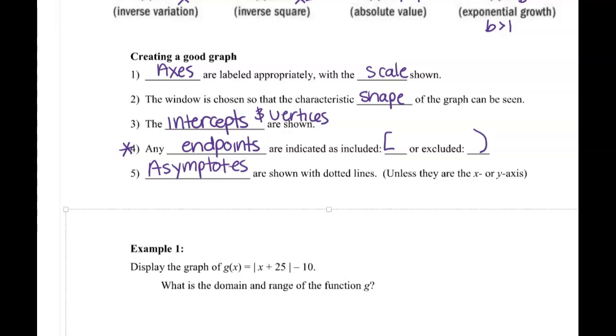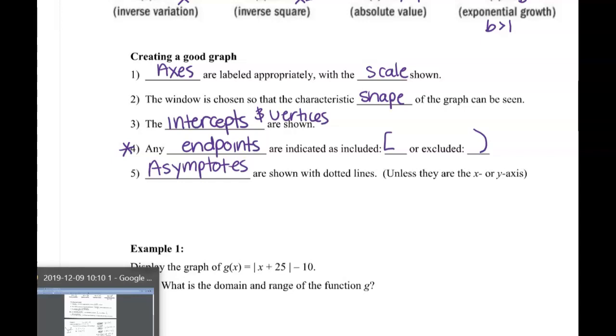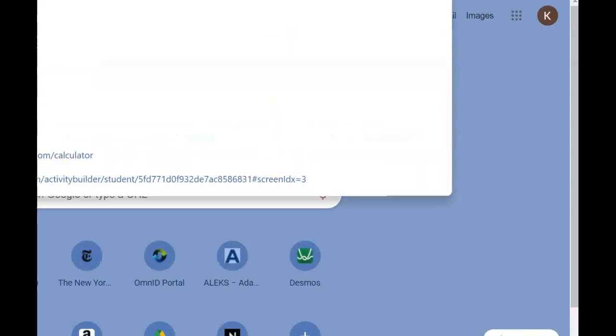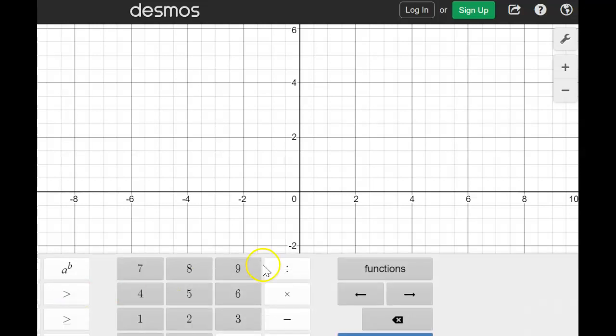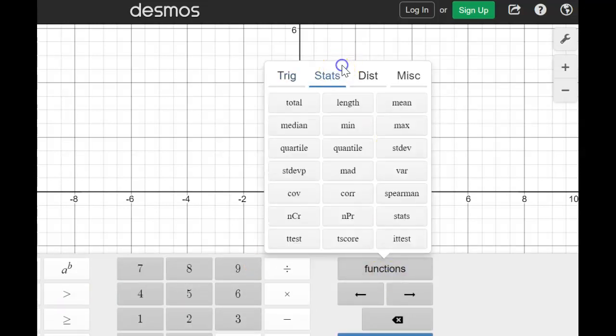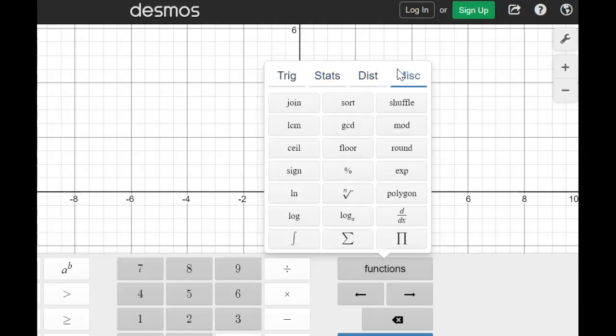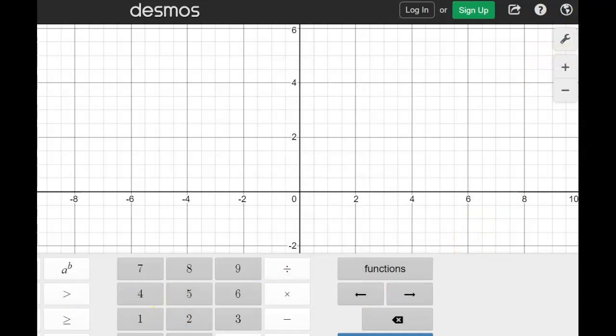So if you put this on, let's say Desmos, and let's graph, I'm typing over here on the side, y equals, let's see, gotta find the absolute value symbols, functions, no, where's absolute value? There it is. Sorry.